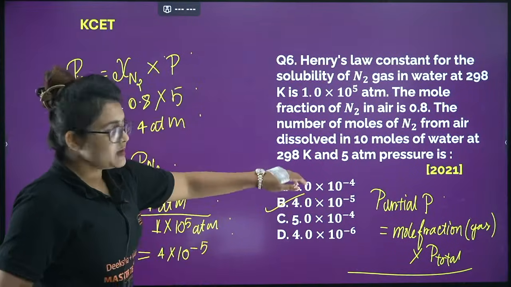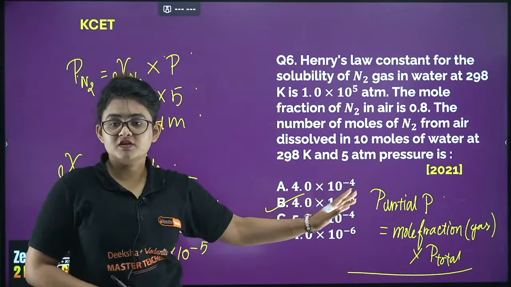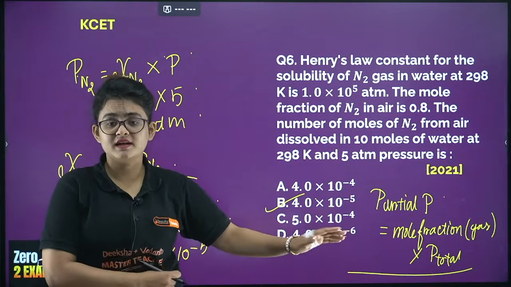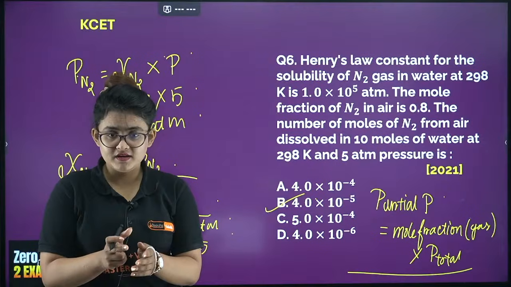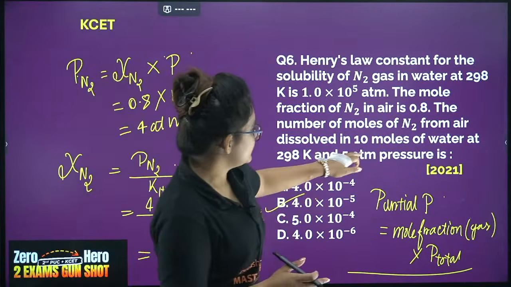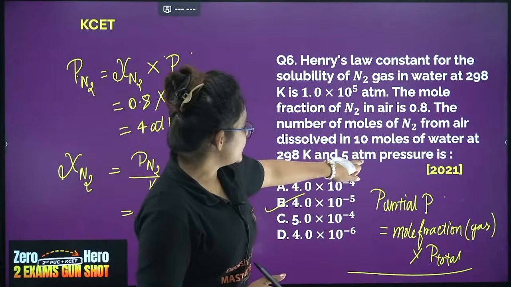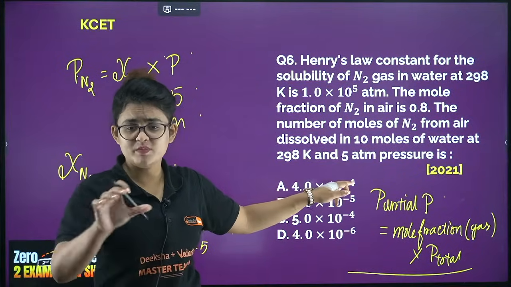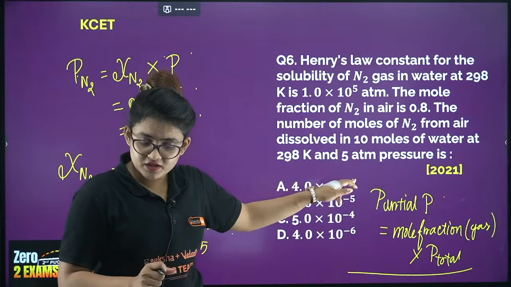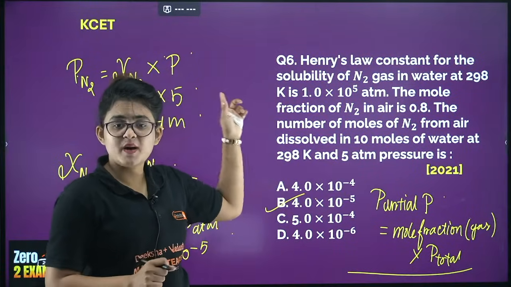So basically you have to find out the partial pressure at first. The partial pressure value is not given here directly. Because they are saying 5 atmosphere pressure, it is the total pressure, not the pressure for the nitrogen, right? So utilizing this, you have to find the partial pressure.